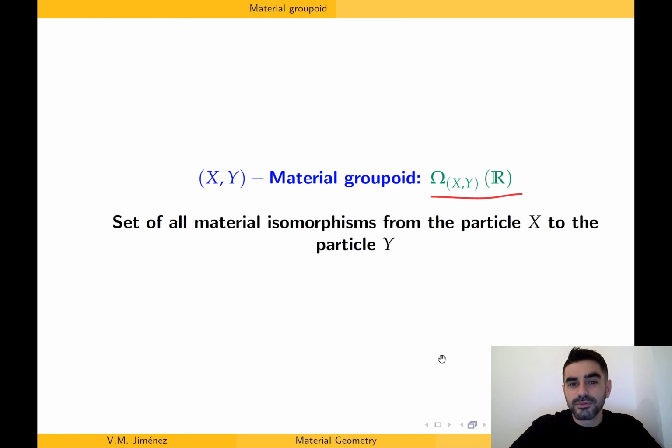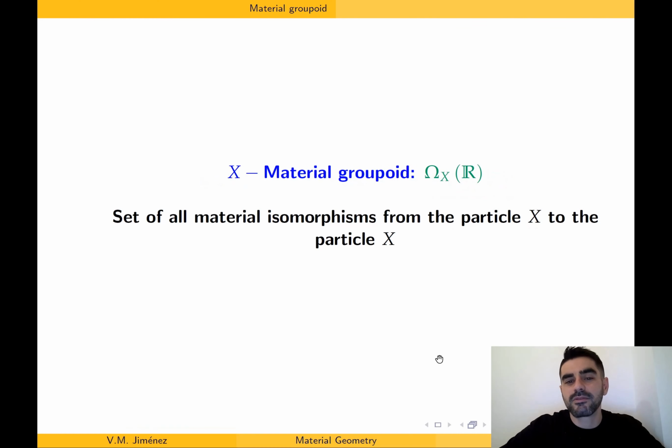So to obtain a real groupoid, we need to impose that x is equal to y, and then we obtain the x material groupoid. So notice that these points are fixed, so we are varying the time variable. So this groupoid measures the variation of the particle in time.